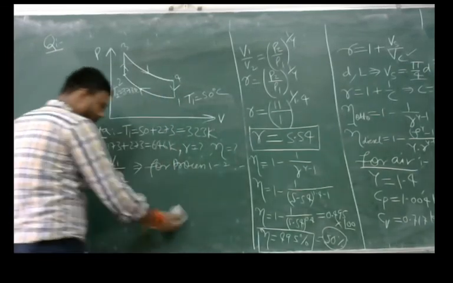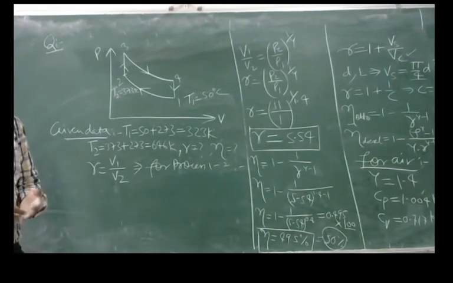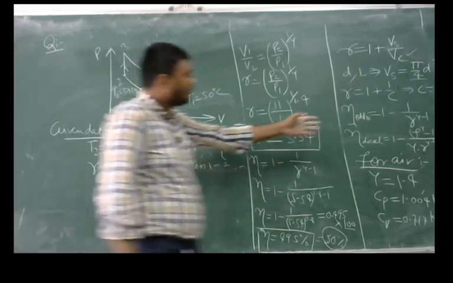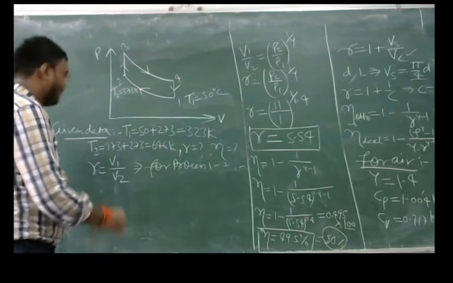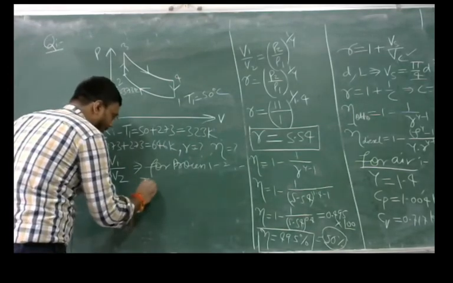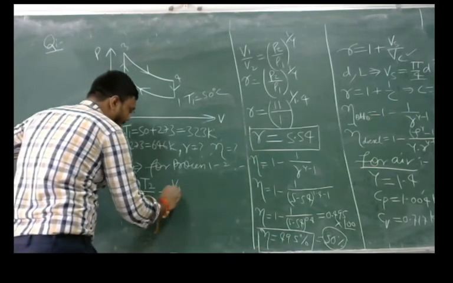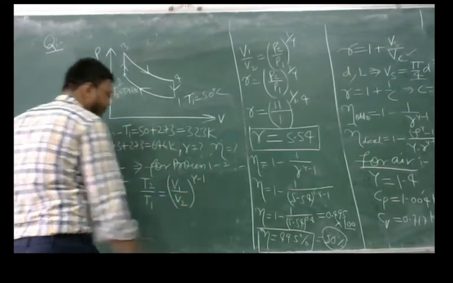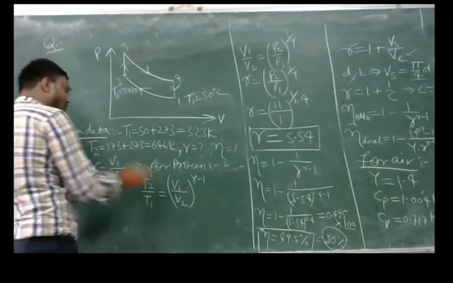That's why I have told you that you have to remember all the formulas of basic thermodynamics. So we know the formula that T2 by T1 equal to V1 by V2 to the power gamma minus 1. Now we have to find the value V1 by V2.